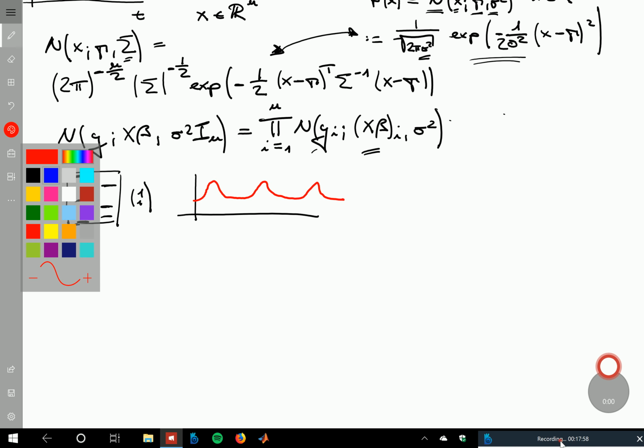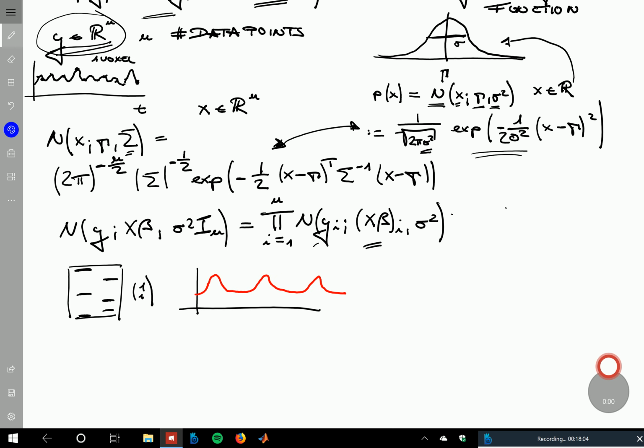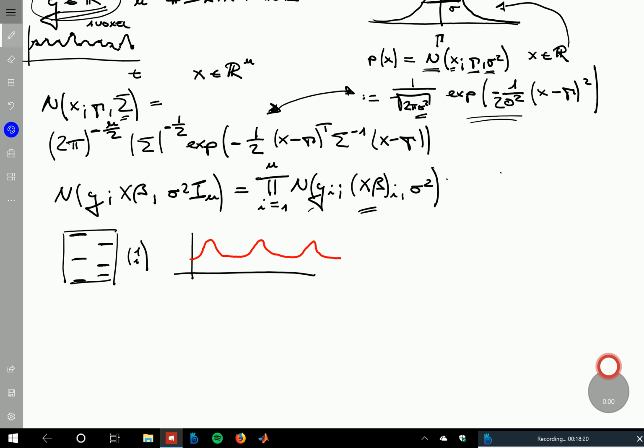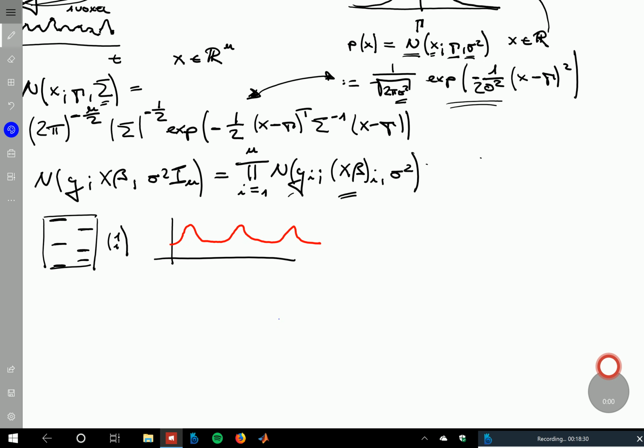Now, this way of specifying a multivariate Gaussian over the data, with its expectation parameter given by X beta and this covariance matrix given by sigma squared times the identity, means, as also written here, that it specifies a univariate Gaussian over each individual time point, with expectation given by the specific entry in the vector X beta, and the same variance parameter.